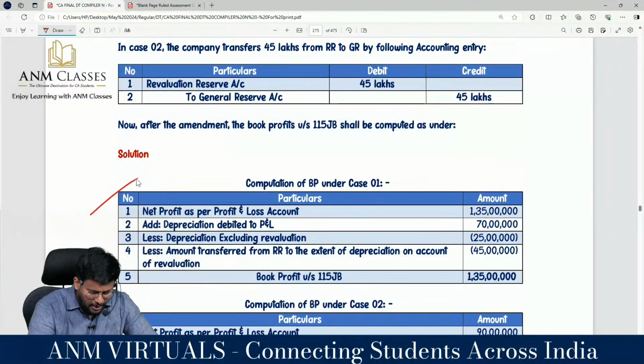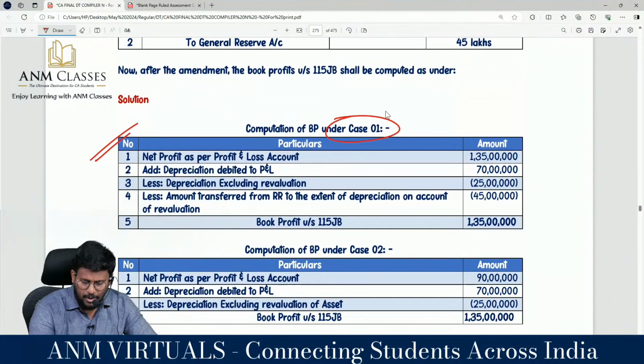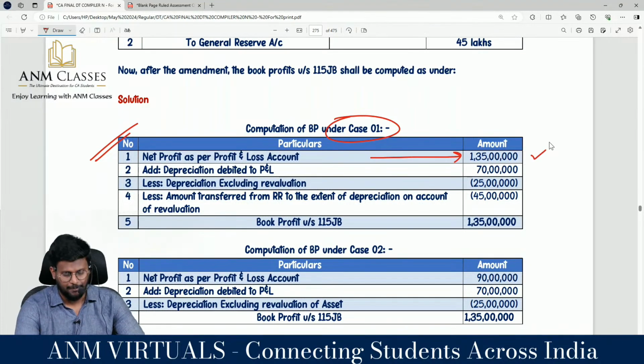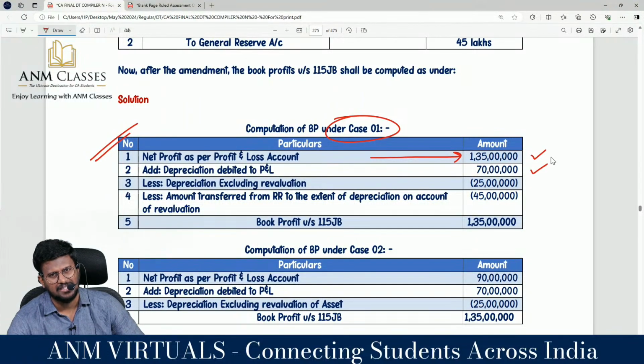So this will be the computation of book profit under case number 1. What is the net profit as per P&L? 1 crore 35 lakh. Add depreciation debited to P&L 70 lakhs. I have to add back. I will be having 1 add back and 2 minus.